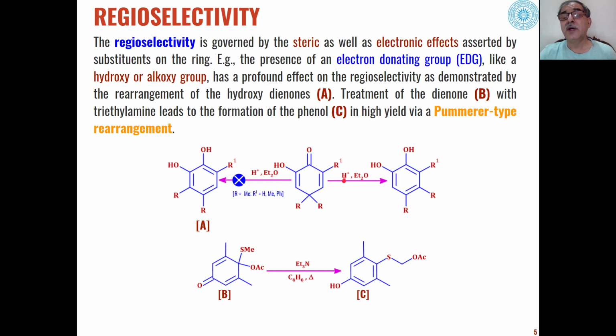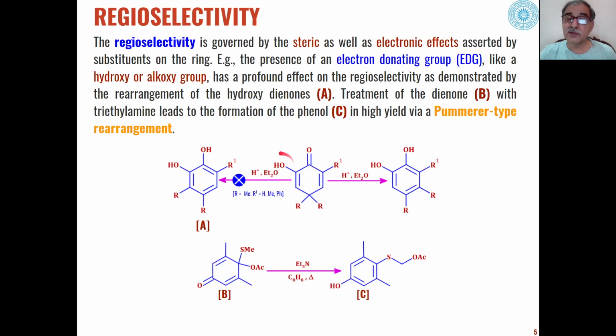Now, when this is reacted under acidic conditions, out of these two groups, one group is to migrate, and this group can migrate either to this carbon or to this carbon.